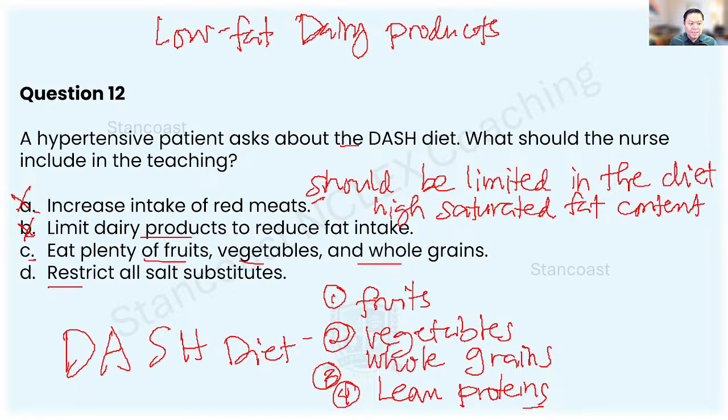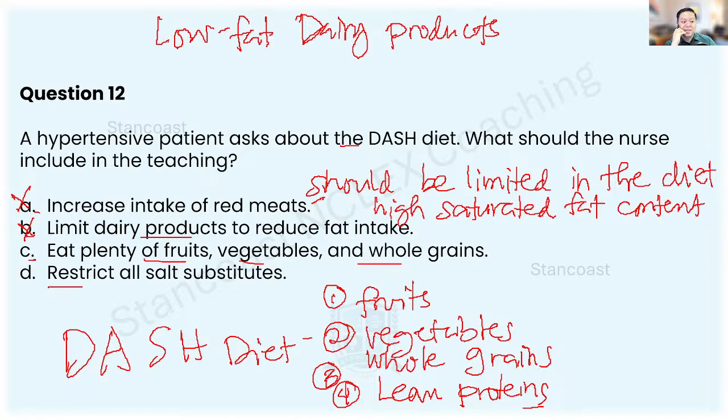Because if we are only restricting all salt substitutes, this could only mean we're only replacing, we're only wanting to have alternatives for the sodium intake in order that we can decrease the blood pressure, but it's not going to do that. It's not going to really control the blood pressure, okay?